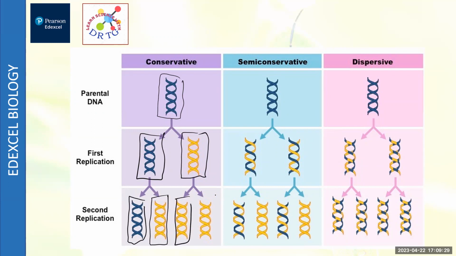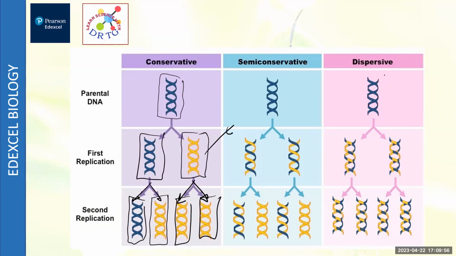So the old strand remains as a template, and in the conservative method there is no semi-conservative, so this remains as the old, this is a new strand, so it is like this.